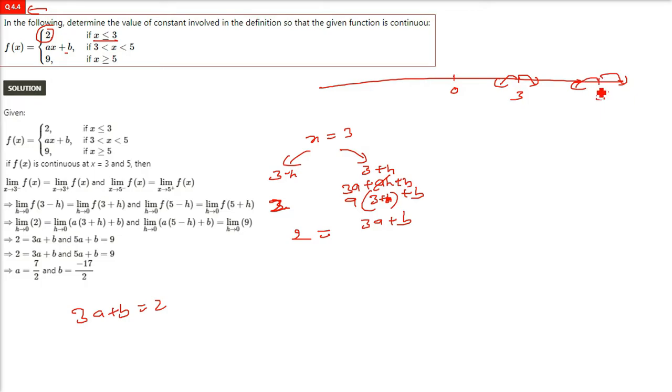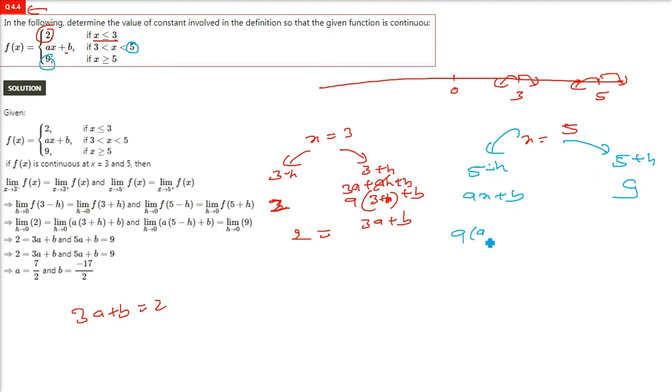And we are thinking on the right path because we are going to get an equation for x equals 5 as well. Same thing we have to do, LHL and RHL. X is equal to 5. On the left hand side we are going to use ax plus b. On right we will be using this 9. 5 minus h, 5 plus h we will put, but there is no point in writing anything because it is a constant 9.